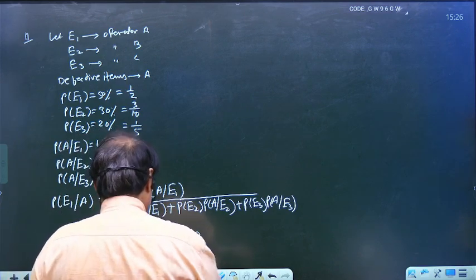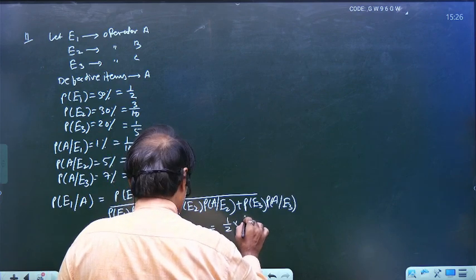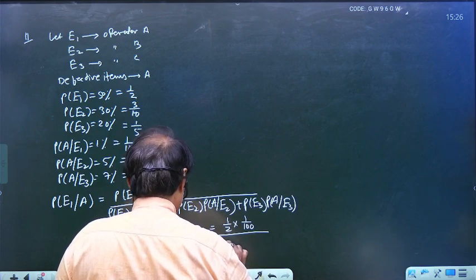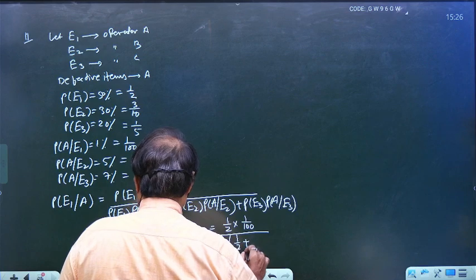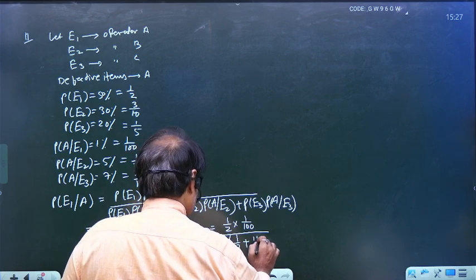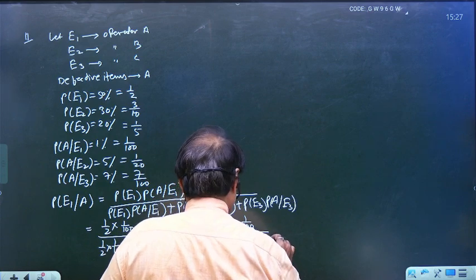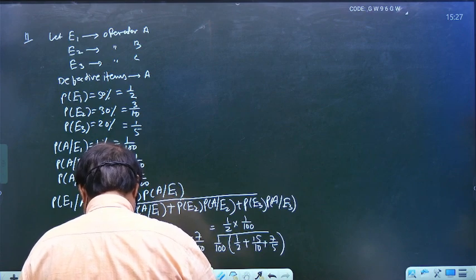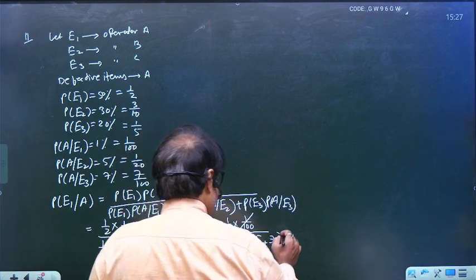So take 1 by 100 as common, so it will be directly cancelled. So 1 by 2 into 1 by 100, and now take 1 by 100 as common. So what is left? 1 by 2 plus 15 by 10, and plus 7 upon 5, right? So this 1 by 100 and 1 by 100 cancel.